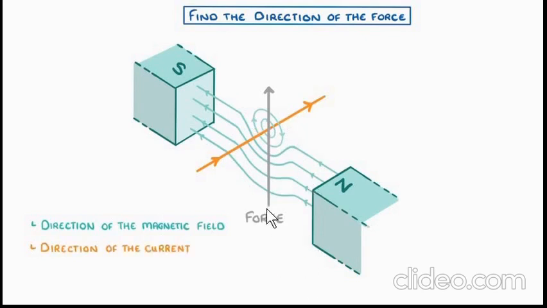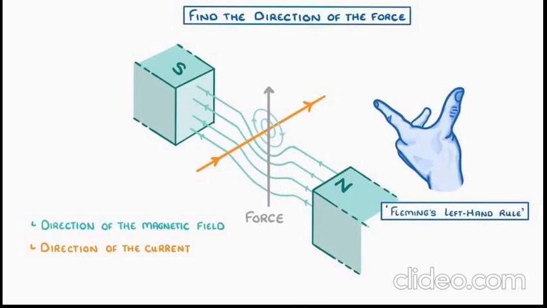Because this force is caused by these two things, their directions play an important role in determining the direction of the force. In the last video, we learned that the direction of the magnetic field of a current carrying wire can be determined by the right hand rule. You remember that? Similarly, over here, we can determine the direction of this force by another rule, which is called Fleming's left hand rule.